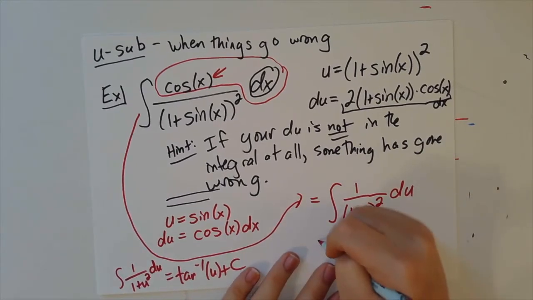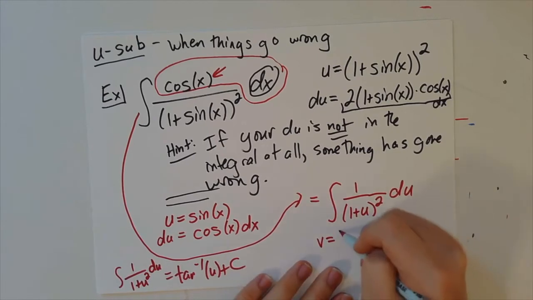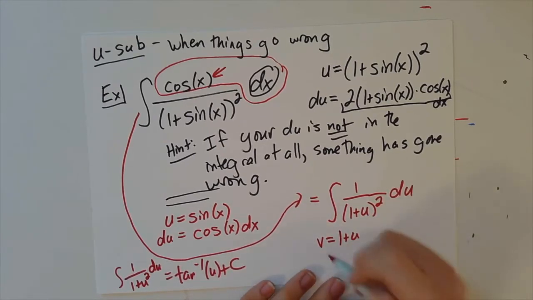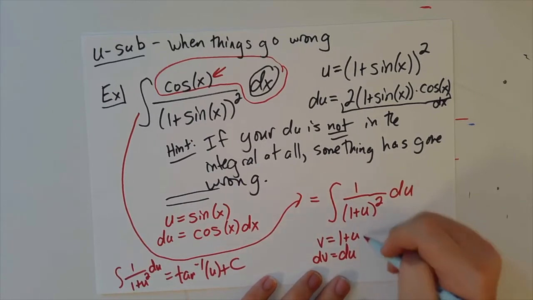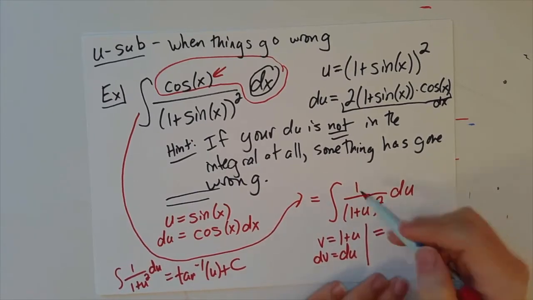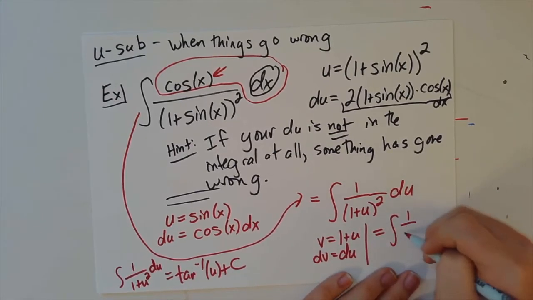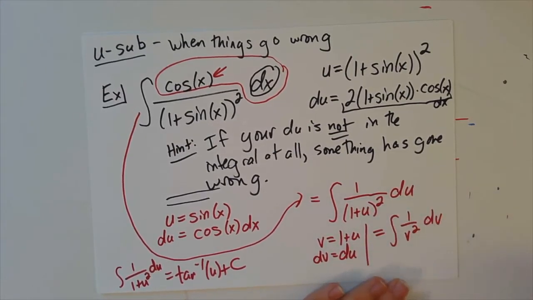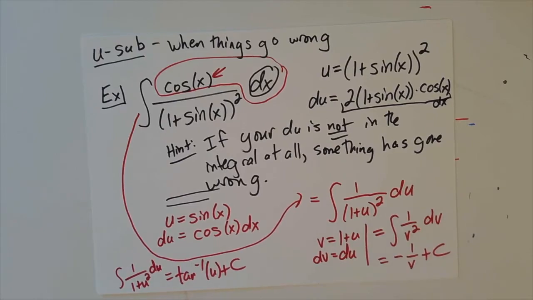So I can take v now to be this thing that's in parentheses in the denominator, 1 plus u. So then dv is just the same as du, because the derivative of 1 plus u is just 1. So dv and du are the same. So then this integral here becomes the integral of 1 over v squared dv, which by the power rule is minus 1 over v plus c.